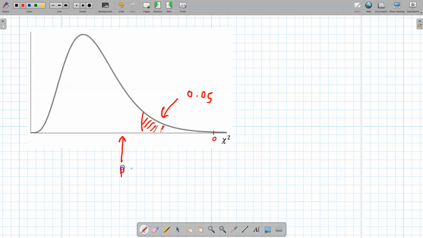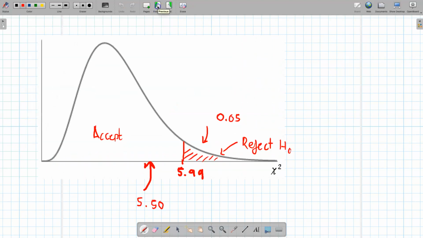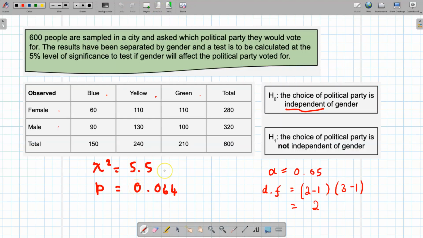And my p-value was 0.064. So this is another way of thinking about it, is that I am still in the white region with the p-value. So we've got these two different ways. But either way, we're going to end up with the same conclusion, and that is, because we're not in that shaded region, we're going to accept H0.